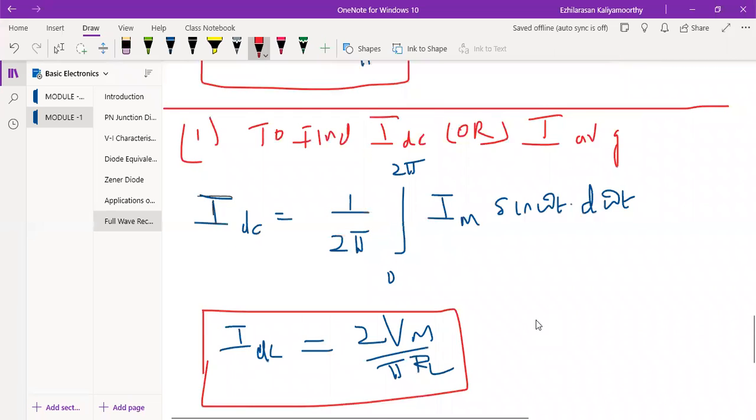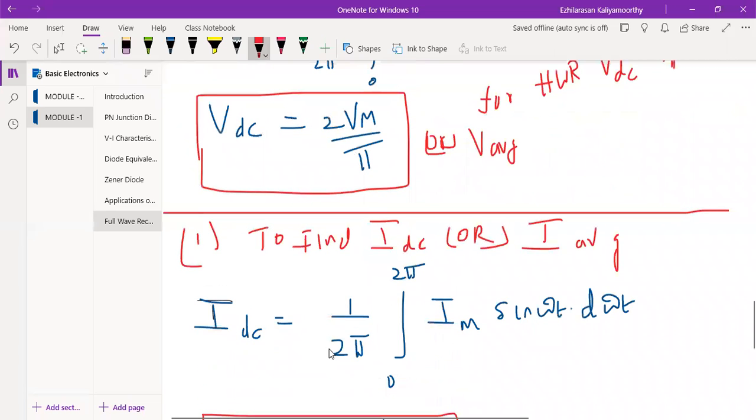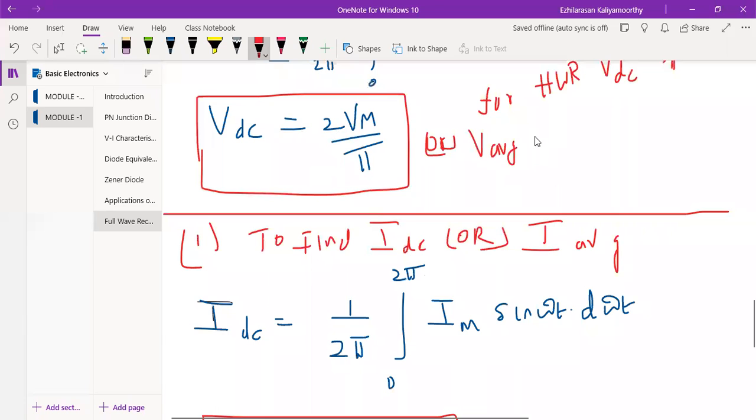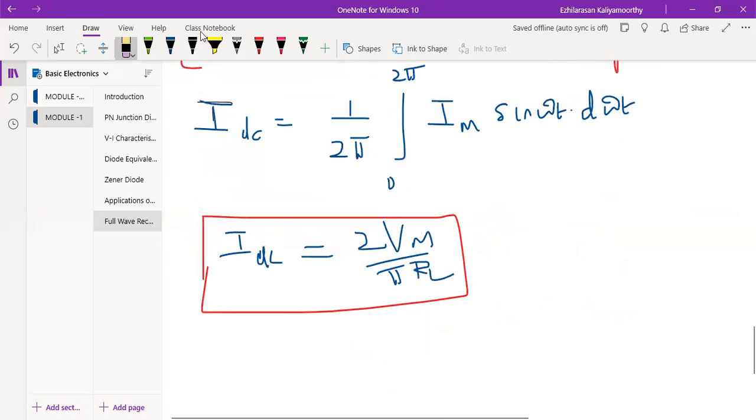Or, in terms of current, Vm is equal to Im RL. You can write it like this also, no problem. So this is the other value.